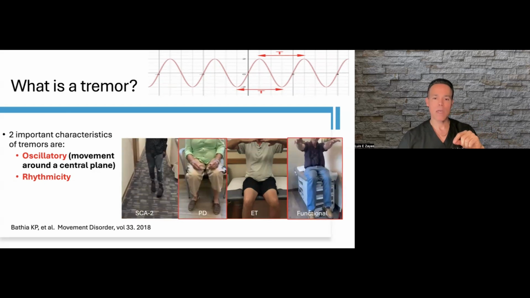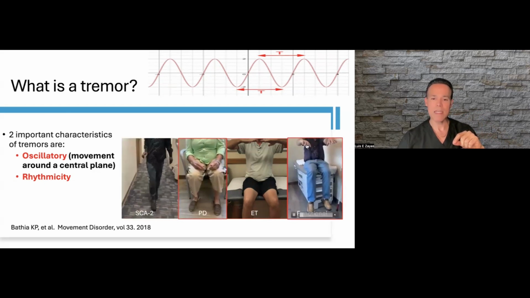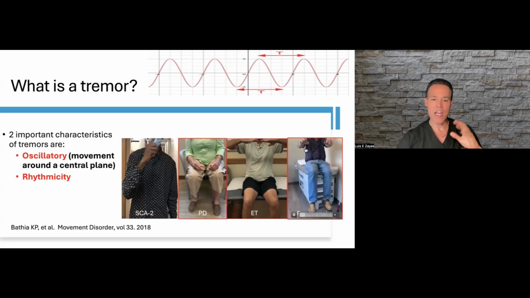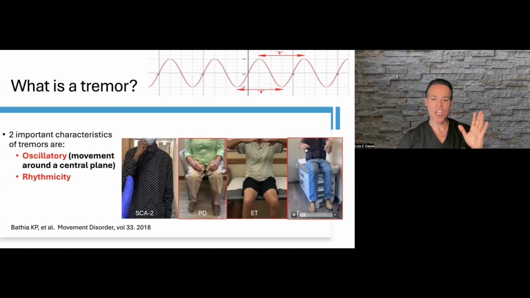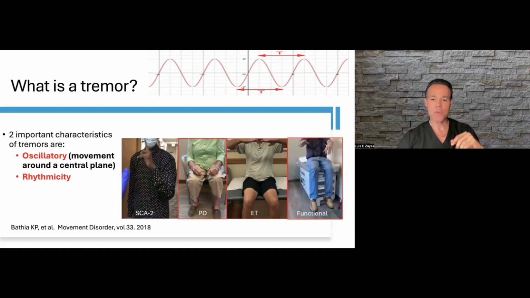For example, you have a patient with tremors distally, and then the tremor changes to proximally, and even the direction of the tremor changes. Also, the frequency changes very drastically.